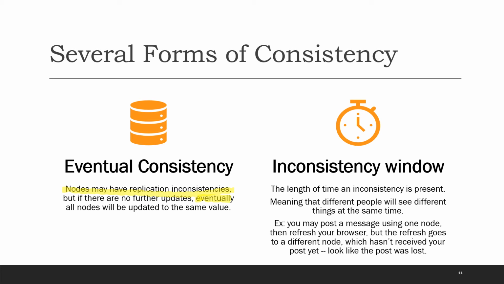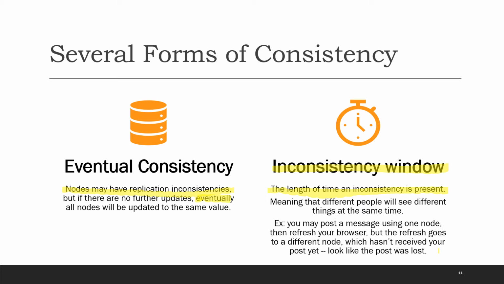Another term on the same slide is called the inconsistency window. This term is related to eventual consistency because it refers to the length of time that an inconsistency would be present. That means how long it will take for different nodes to have the same data.